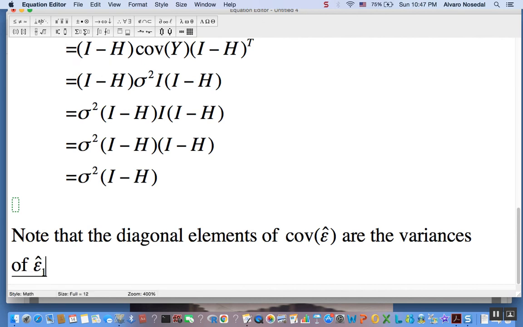The individual residuals, right, for each of our observations.